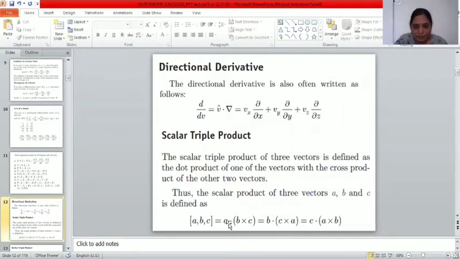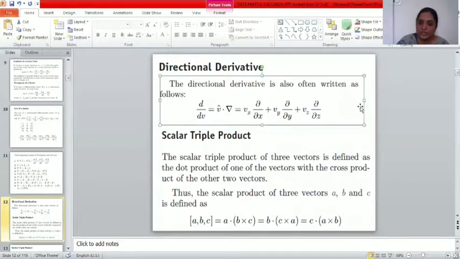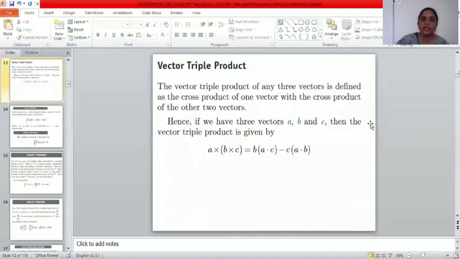What is a scalar triple product? Dot and cross combination. Two vectors are in cross product, and this is with dot product with the remaining vector. And it can also be like b bar dot c bar cross a bar or c bar dot a bar cross b bar. This is called scalar triple product.